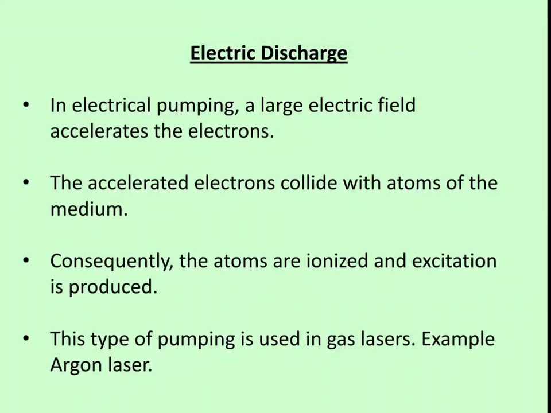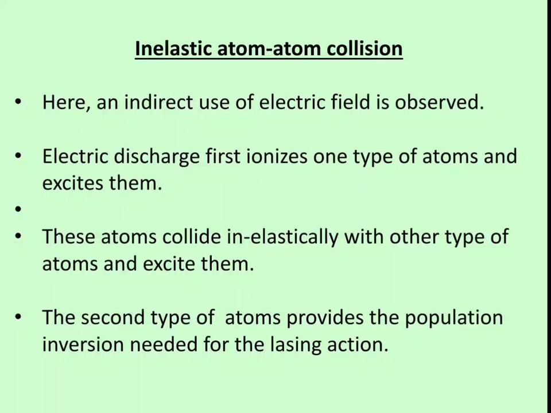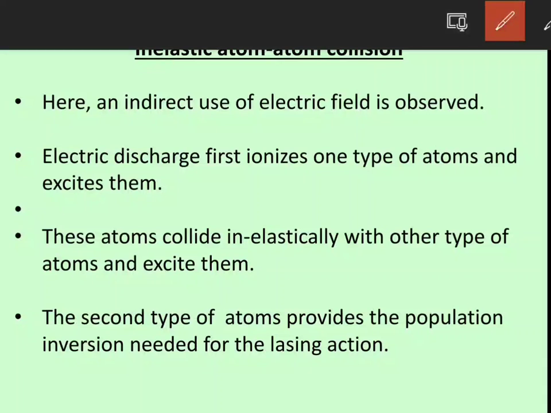The next type of pumping is inelastic atom-atom collision. Here an indirect use of the electric field is observed. In electric discharge, which we discussed in the previous pumping method, the electric field directly accelerates the electrons, that means it moves the electrons.